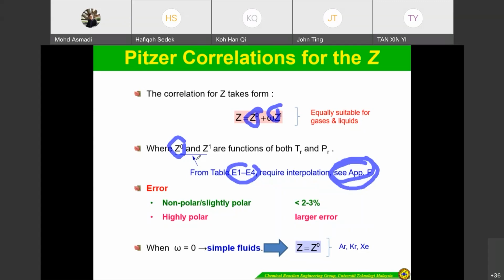And if omega equals 0, meaning it is a simple fluid, like xenon, krypton, and argon, we can just use Z equal to Z naught because the value of Z prime is very small.